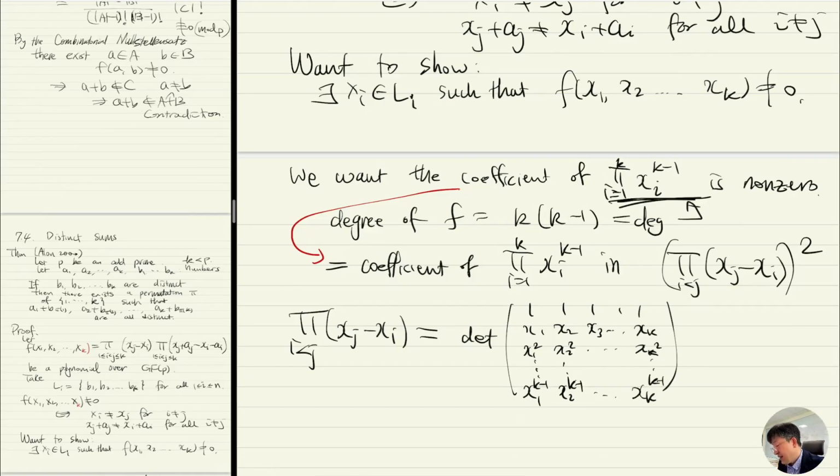If we use the definition of determinant, we get a sum over all permutations sigma of 1 up to k, of the sign times the product of these terms.